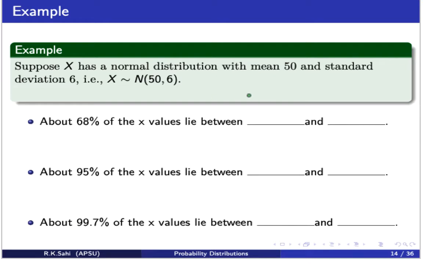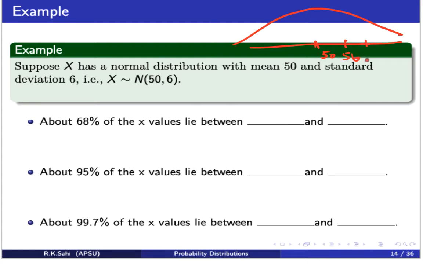I'm going to take a different color. So here's my bell-shaped curve, guys. Now the mound here is 50 and we are going to go 6 units on either side. If you go on the right, we add, it's 56.